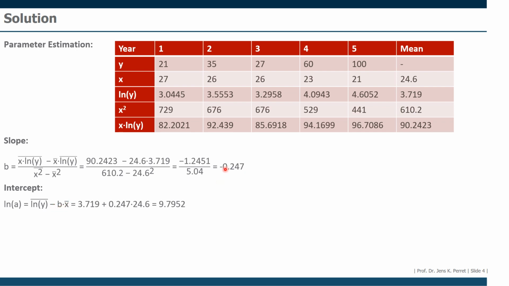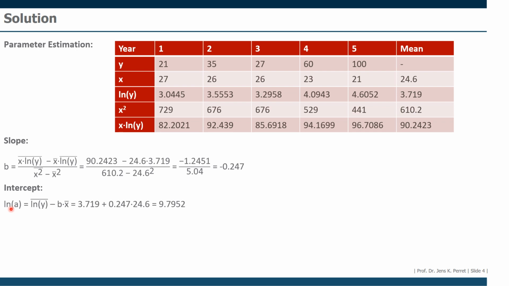Well, b is negative, so I get here plus 0.247 times the average of x, 24.6. Putting this into the calculator gives me a value of 9.7952. Here I have to take care: that's ln of a. That's not a, that's ln of a.